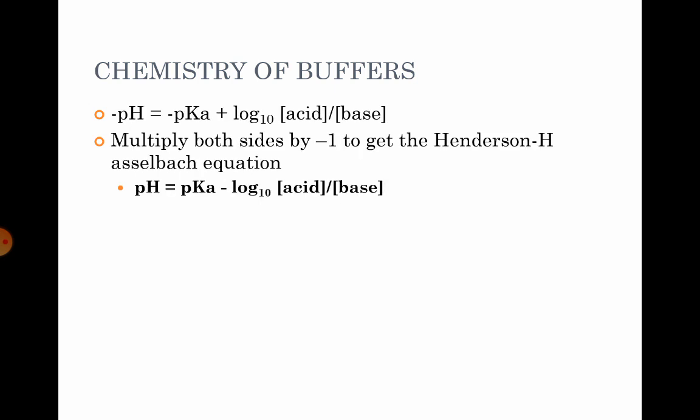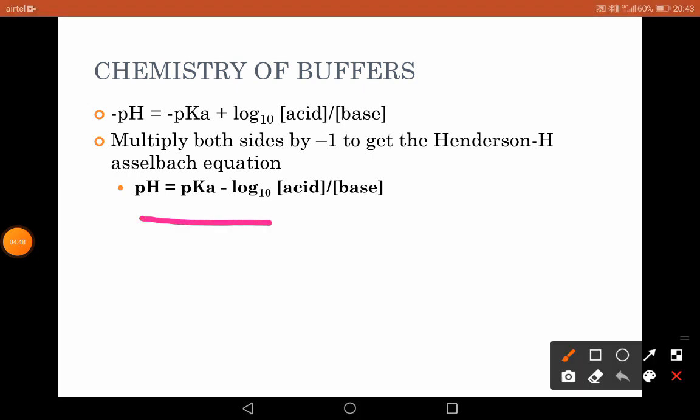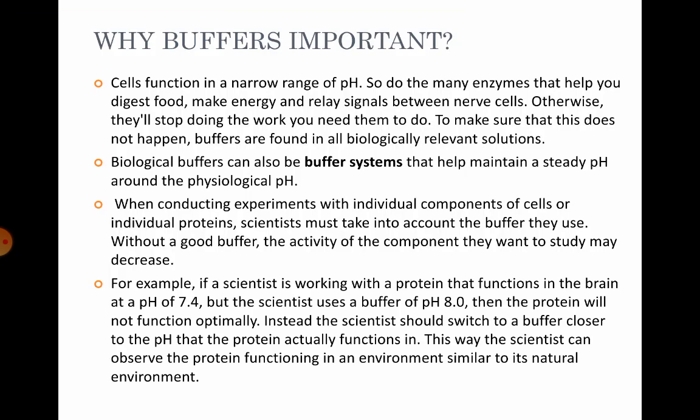Hence minus pH is equal to minus pKa plus log of acid by base. When we multiply both sides by minus 1, we get the Henderson-Hasselbalch equation, which is very important: pH is equal to pKa plus log to the base 10 of concentration of base by concentration of acid.